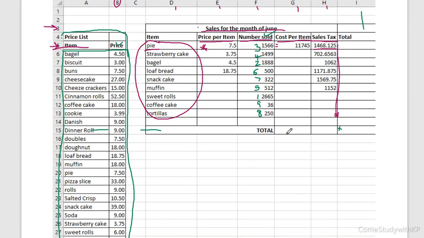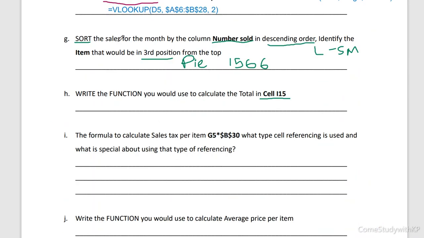Again, we use the sum function. We will sum from I5 and stop at I13. So our function would be equal sum I5 to I13.